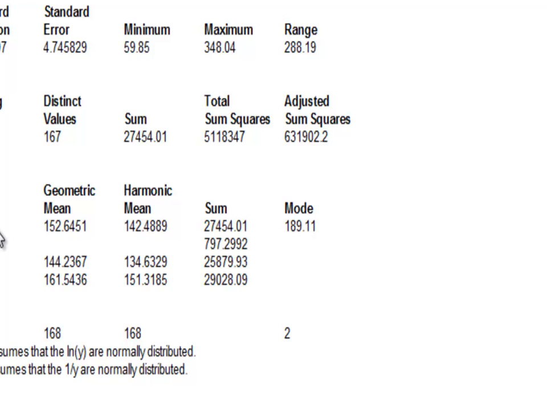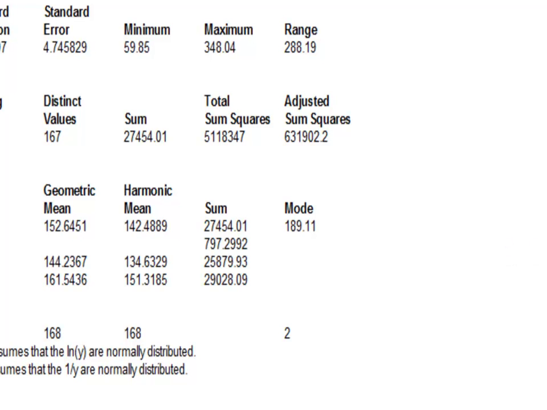Now what you can see by that is the median and the mean are pretty far apart, which should give you some indication about the actual distribution of this particular sample for this particular variable. And then the mode of the data set was 189.11. That may or may not be very informative, considering that this is what we classify as a continuous variable.